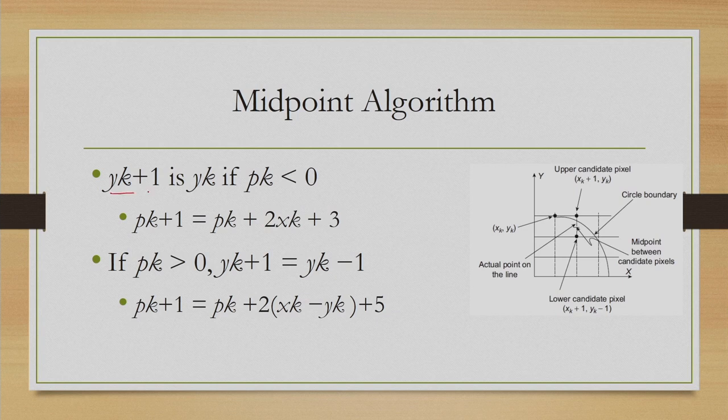Now, yk plus 1 is yk if pk is less than 0, that we have already seen. So, in that case pk plus 1 will be pk plus 2 xk plus 3. Now, if pk greater than 0, then yk plus 1 will be yk minus 1, that also we have seen. Then the pk plus 1 term will become something like this. As you can see, these are all integer operations.